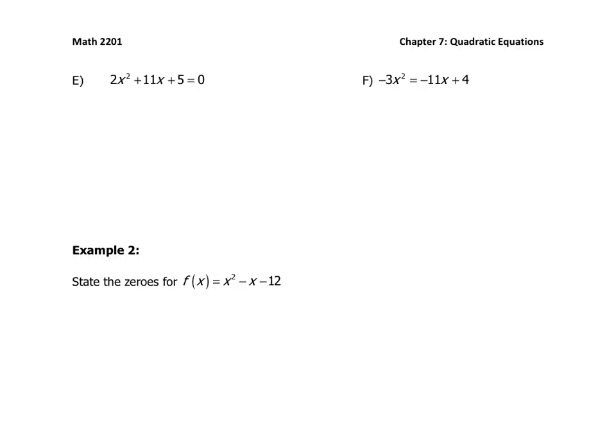Alright, the next one requires using decomposition, because 2 is not a GCF. So if I factor this, I'm looking for two numbers which multiply to give me 2 times 5 is 10, and add to give me 11, and that would be 10 and 1.